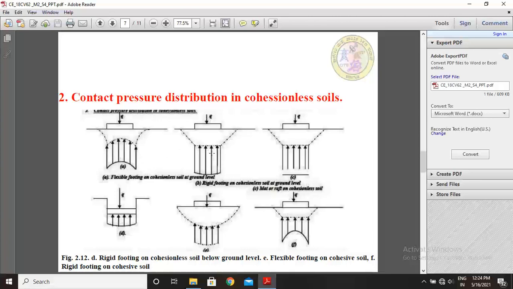These diagrams explain how contact pressures occur due to surcharge load, and how they increase or decrease at the center or edges based on different types of footings.